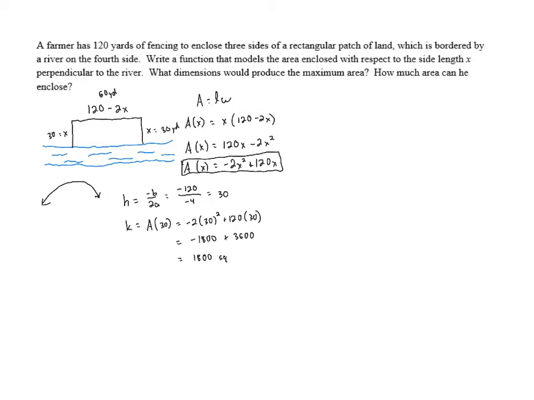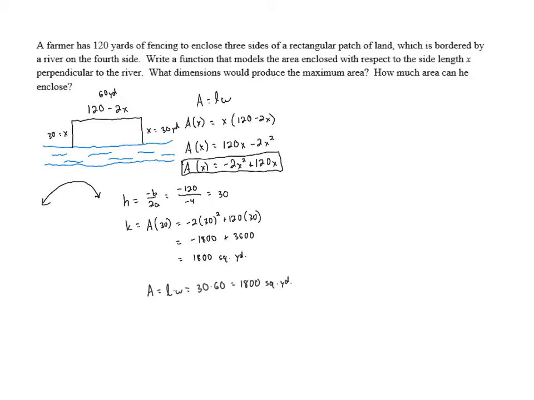So that's going to be 1800 square yards, because when we're dealing with yards as a measure of distance and we're looking at area, that's square yards. But we can also just do length times width here. We know that area is length times width, which is going to be 30 times 60. And again, we get 1800 square yards. Either one will give us that calculation.